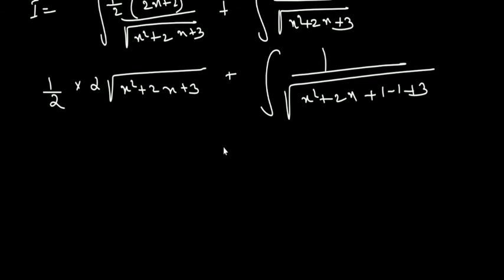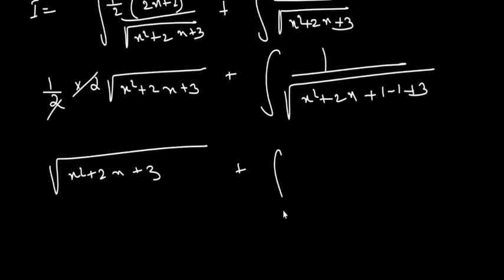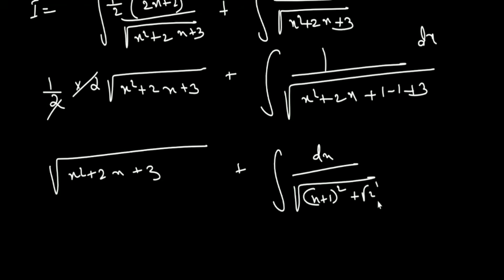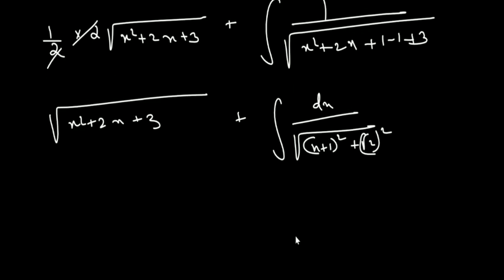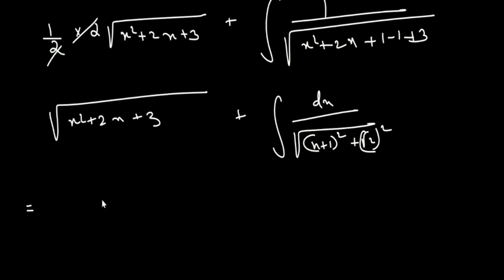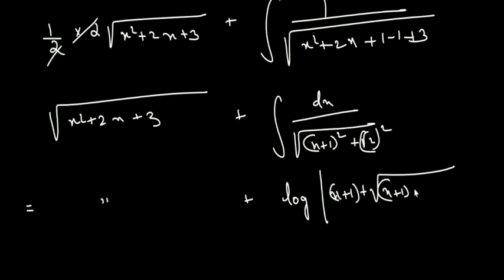So it is equal to the integral of dx by root of (x plus 1) the whole square plus 2, you can write it as root 2 the whole square. That is nothing but log of x plus 1 plus root of (x plus 1) the whole square plus root 2 square.